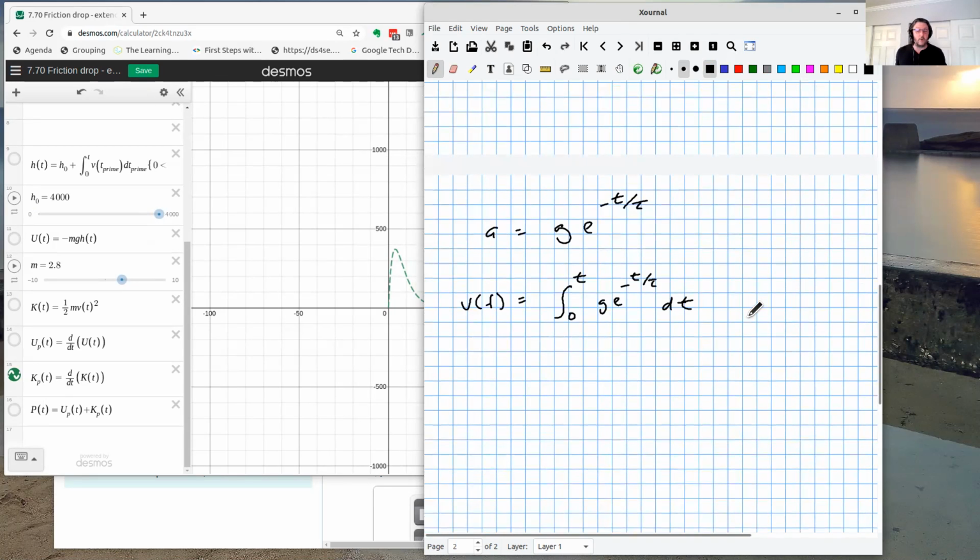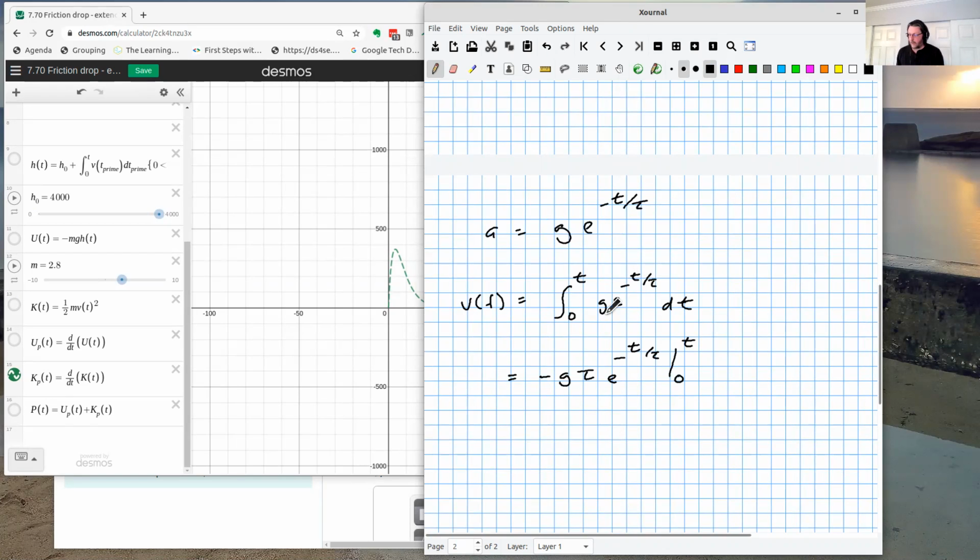If this were our math class, I might be a little more careful about using dummy variables for the integration. But that integral is minus g tau e to the minus t over tau between the limits of 0 and t.